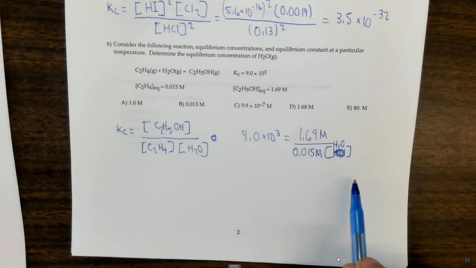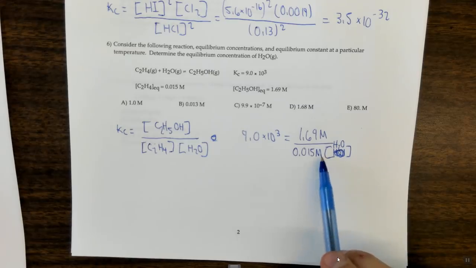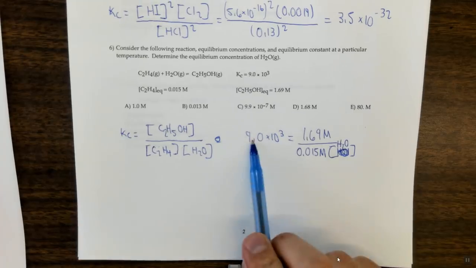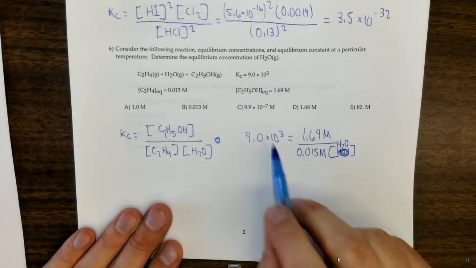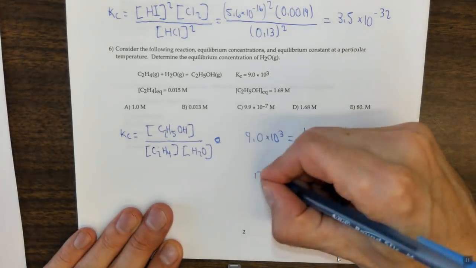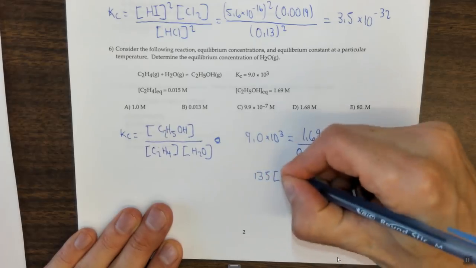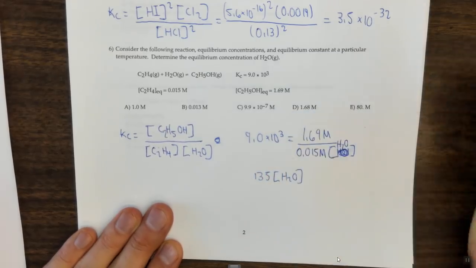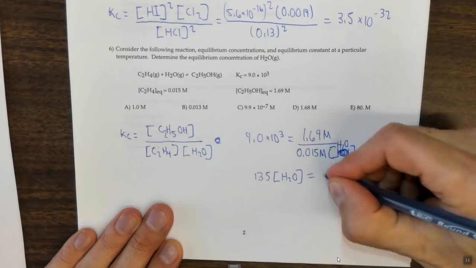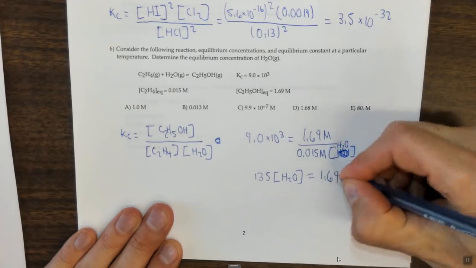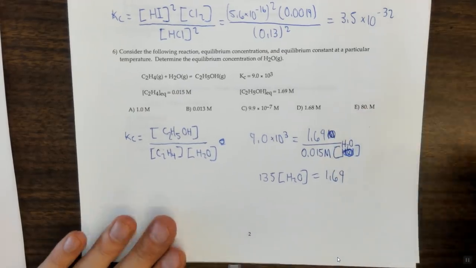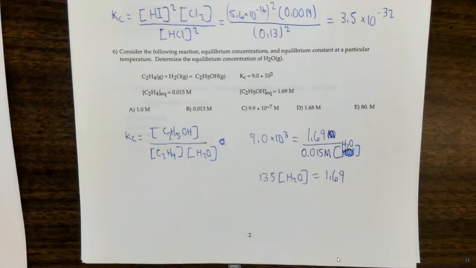Now we need to solve this thing. The first thing that we want to do is cross multiply. So take the 0.015 times the 9 times 10 to the 3, and when you cross multiply that, you get 135 times the concentration of H2O, which is just your X, equals the 1.69, and I'm going to leave the units out because they're often left out of equilibrium type problems.